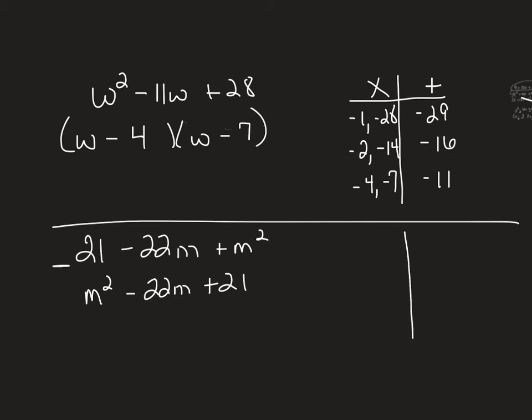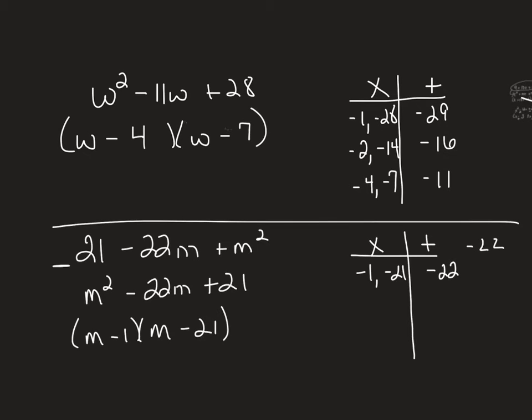So I need factors of 21 that when I add them together give me negative 22. So we could use negative 1 and negative 21, and that does give me negative 22. And I am already finished. We'll have m minus 1 and m minus 21. And we have that factored.